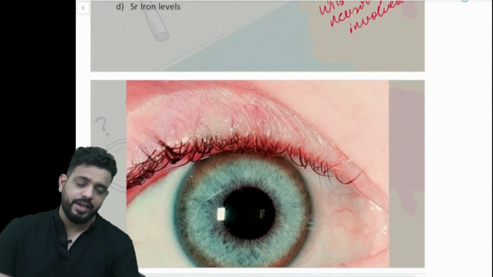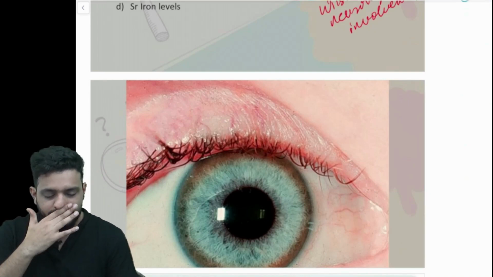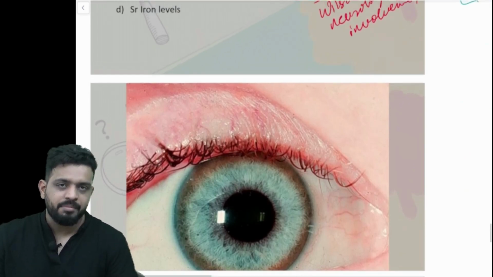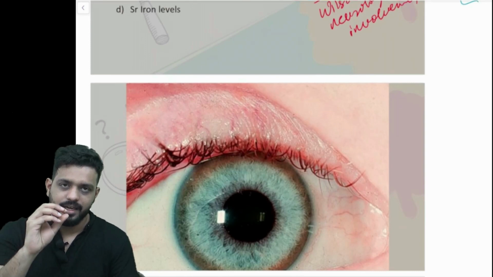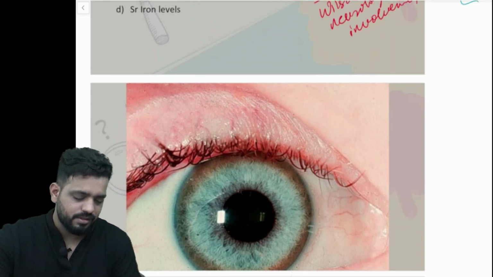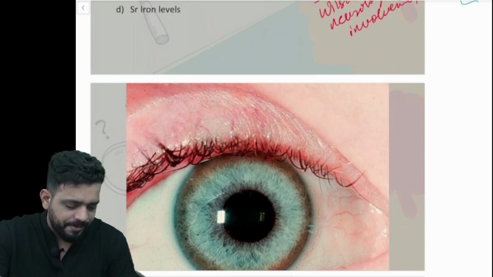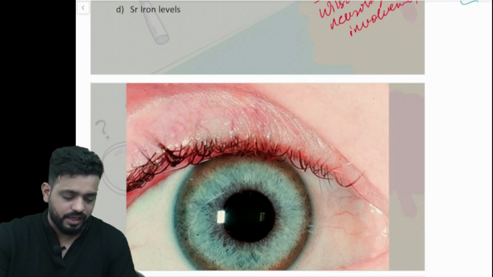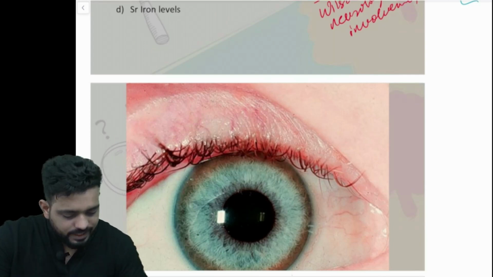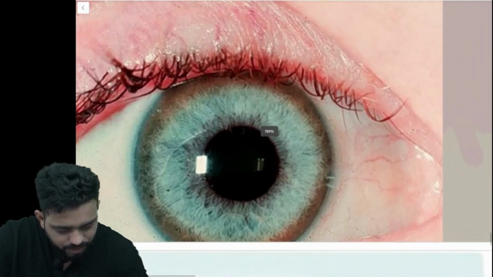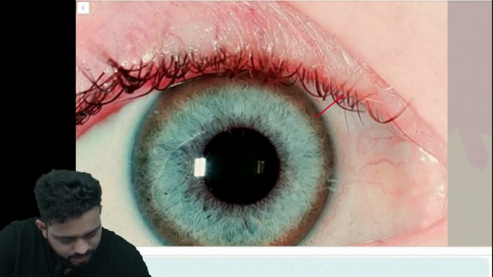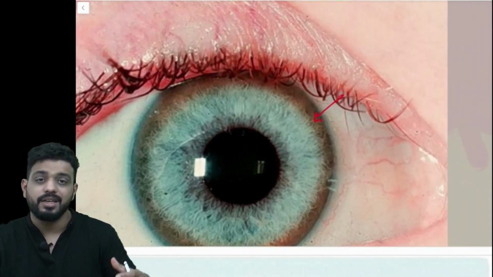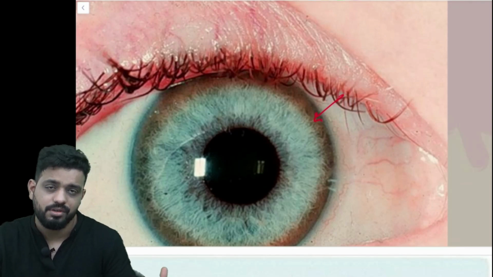It's not always very classical. Frankly it is not seen so clearly, but in the exam it will mostly look this obvious. You don't need to diagnose very small deposits. So this is how a KF ring looks. As I told you, it is a deposition in the cornea, but it appears to be over the iris. This is what literature also says, and this is what your question also said.